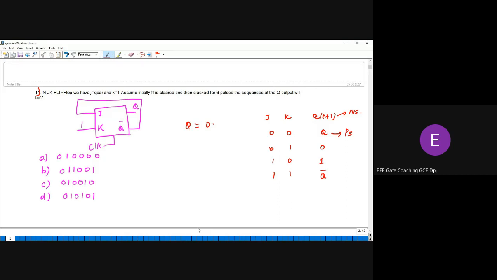Now you tell me, if Q is 0 and Q bar is 1, what is the value of J and K now?